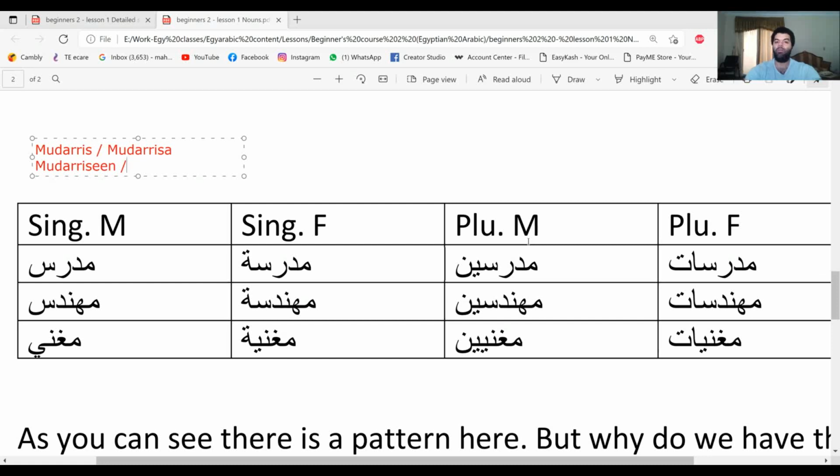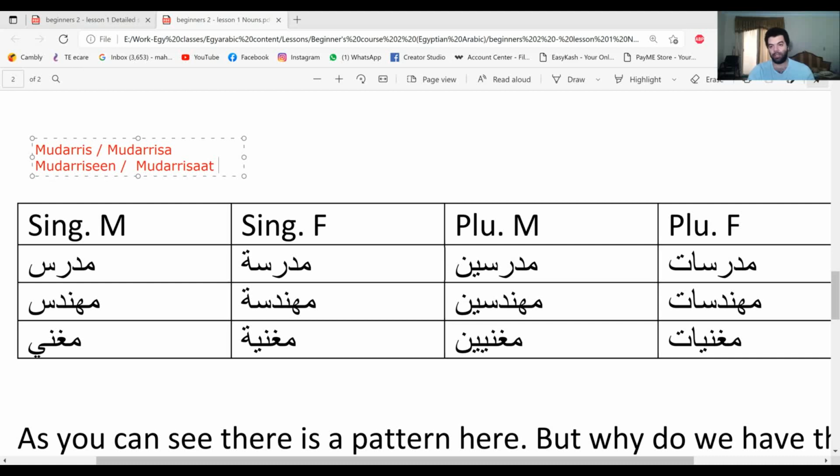What about female? We add a and then t, or we add alif and t. So mudarrisat. We added an extra a and then t. So this is the pattern. What is the pattern? We add in for masculine plurals and at for female plurals.